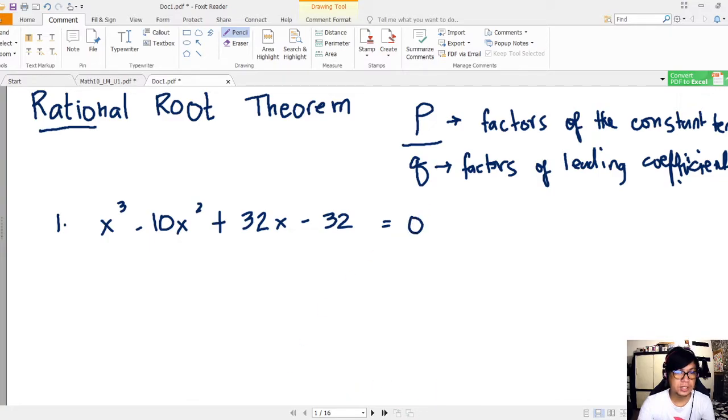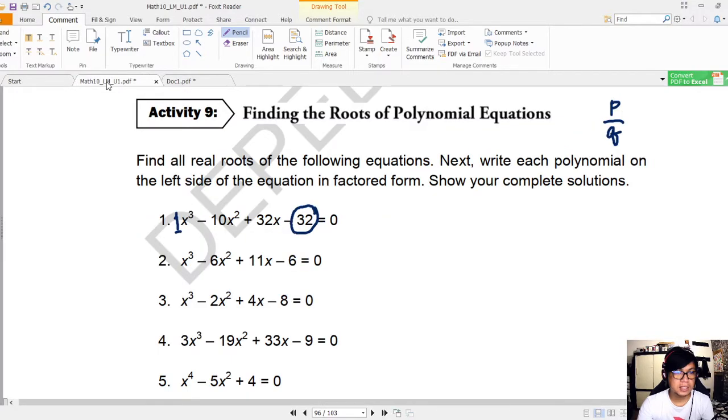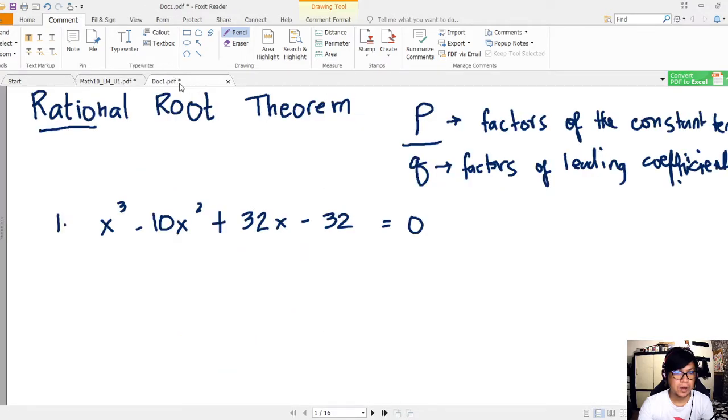So let's double check if tama ba yung ating given. x cubed minus 10x squared plus 32x minus 32. Okay, so this is the given.